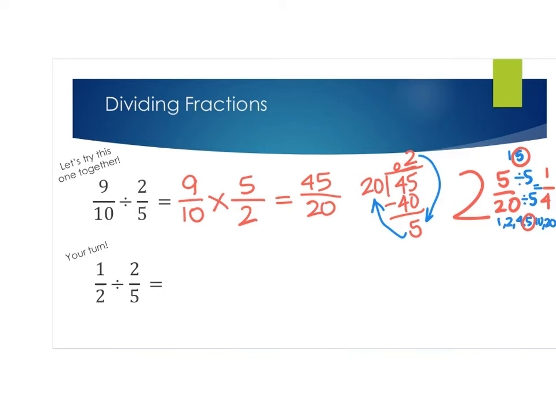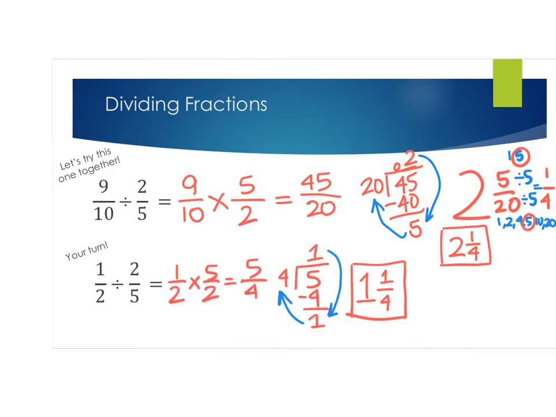So my actual final answer is not 2 and 5/20. It's going to be 2 and 1/4 because I had to simplify that fraction. So I want you to go ahead and try doing 1/2 divided by 2/5. So go ahead and pause the video and try doing 1/2 divided by 2/5.